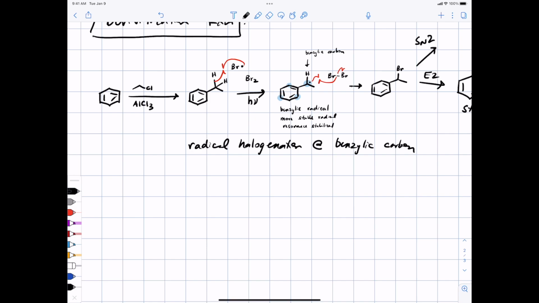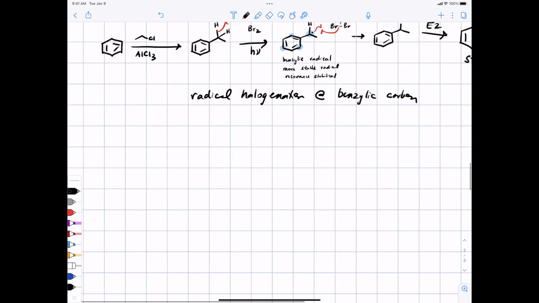The second one is sort of, we're not going to show you the mechanism of it. It's sort of a wacky Thor's hammer type reaction.